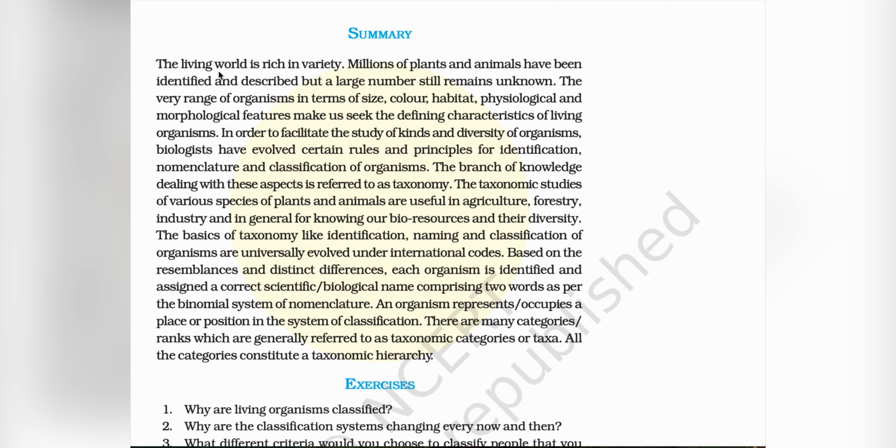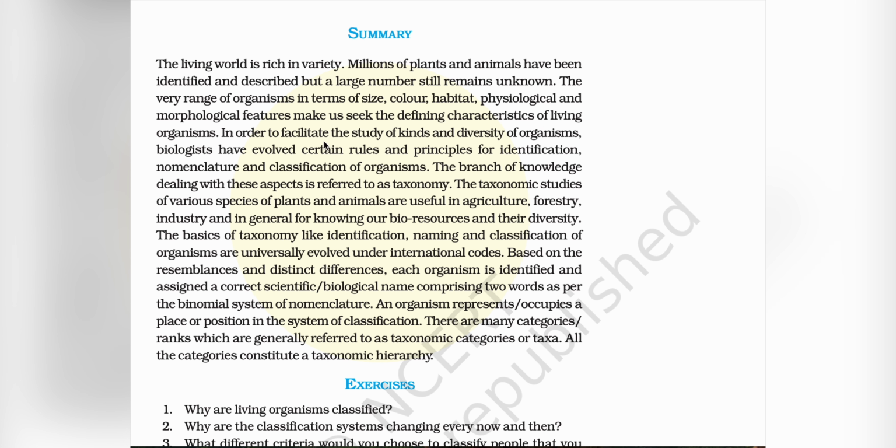Summary of the chapter. The living world is rich in variety. Millions of plants and animals have been identified and described, but a large number still remains unknown. The very range of organisms in terms of size, color, habitat, physiological and morphological features make us seek the defining characteristics of living organisms.